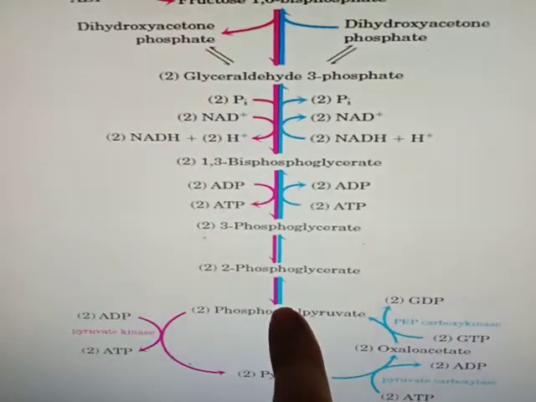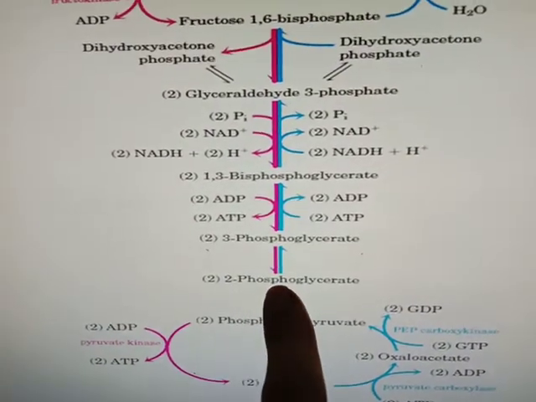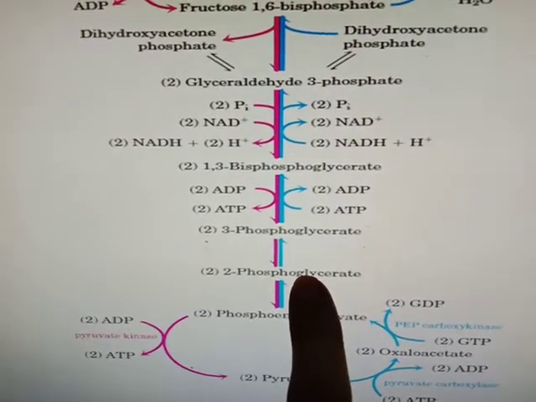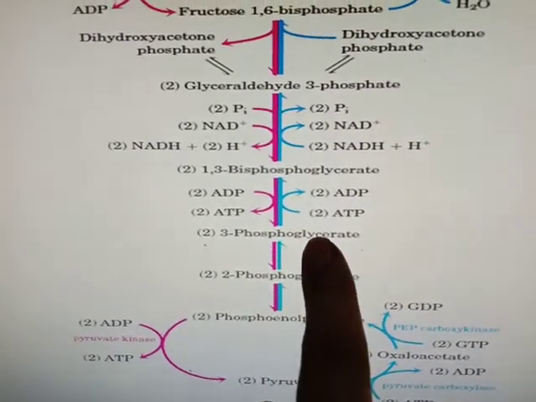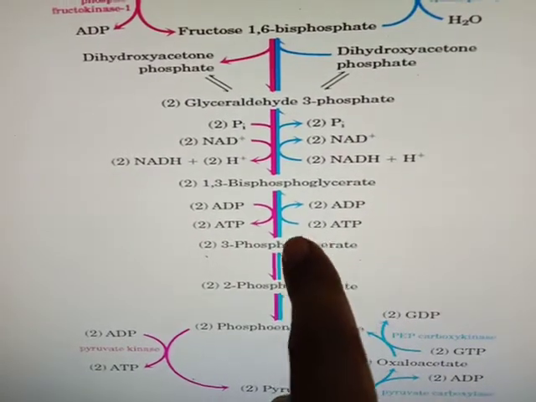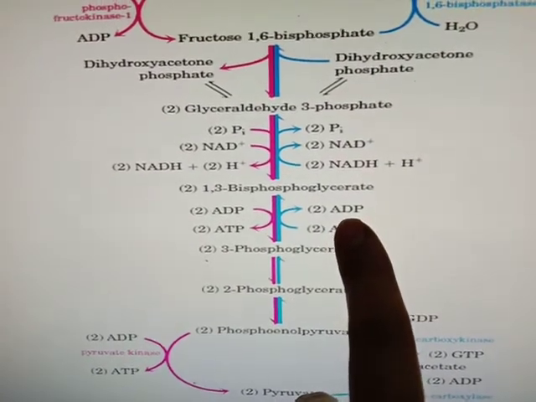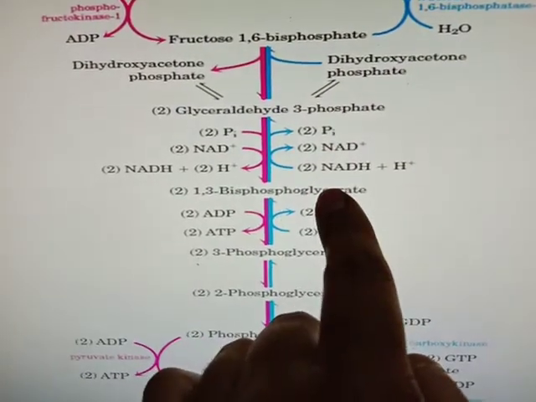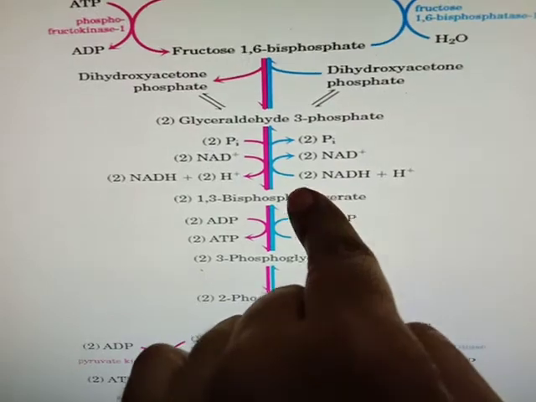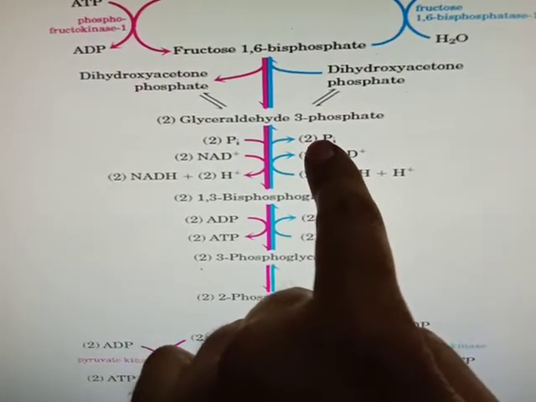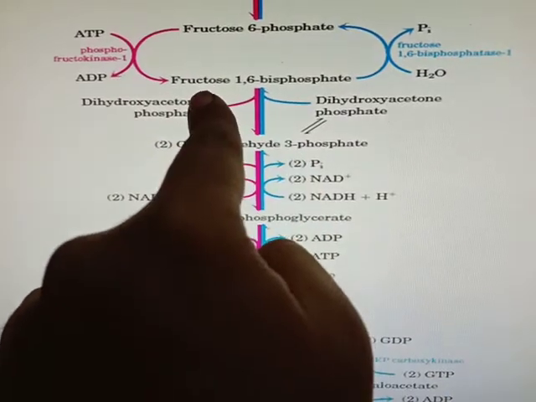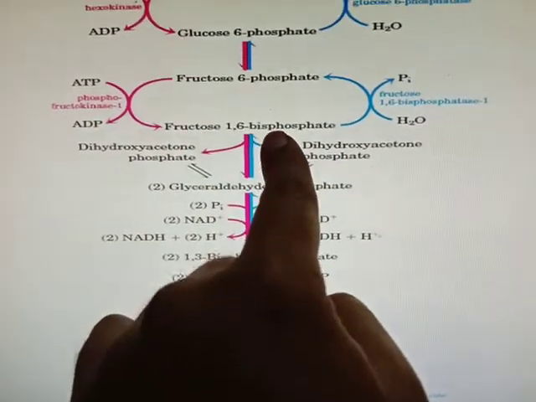Then it will convert to 2-phosphoglycerate, which is the reversal of glycolysis. Then 3-phosphoglycerate, then 1,3-bisphosphoglycerate. Here again 2 ATP are utilized. Then 1,3-bisphosphoglycerate is converted into glyceraldehyde 3-phosphate. Here 2 NADH are utilized. Then glyceraldehyde 3-phosphate is converted into fructose 1,6-bisphosphate.